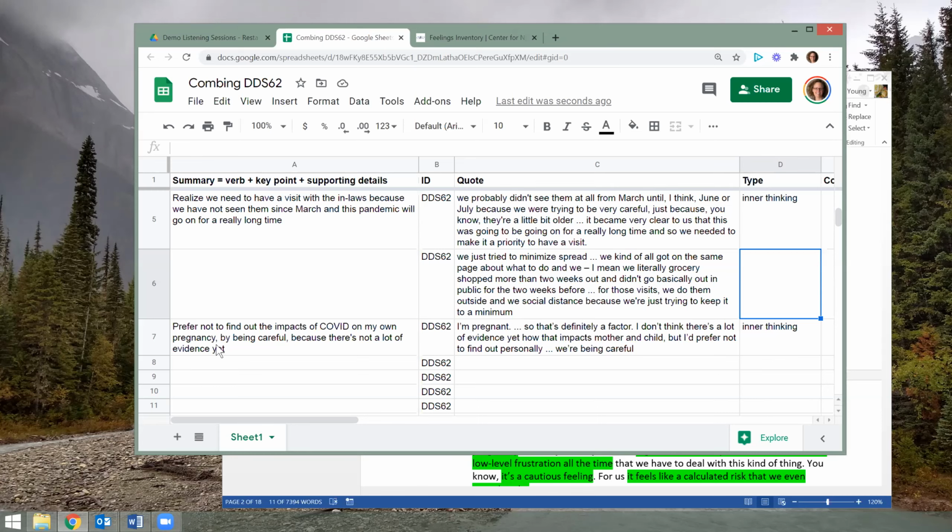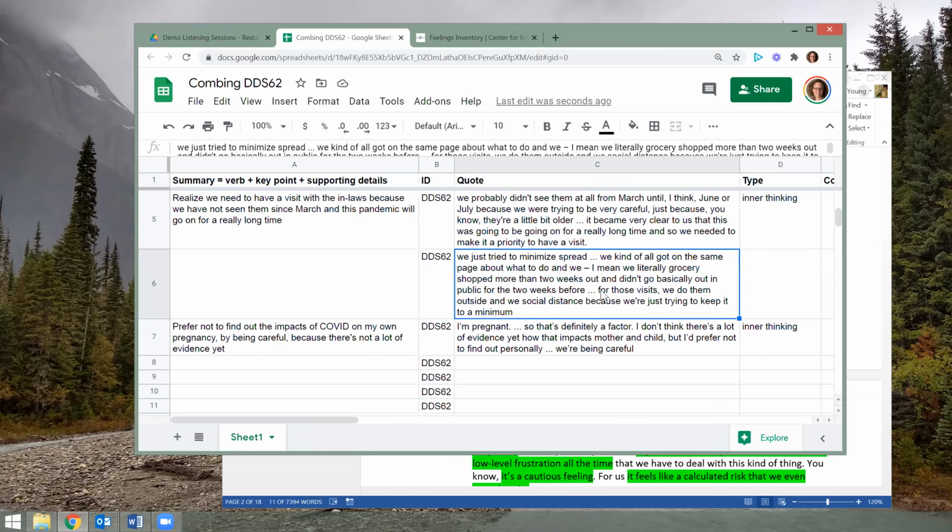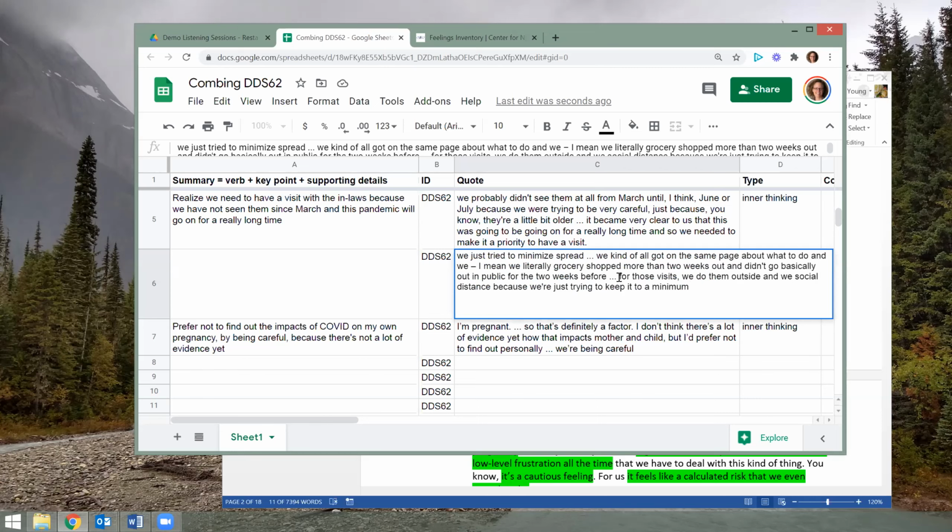So what I'm going to do is possibly pull this part out.